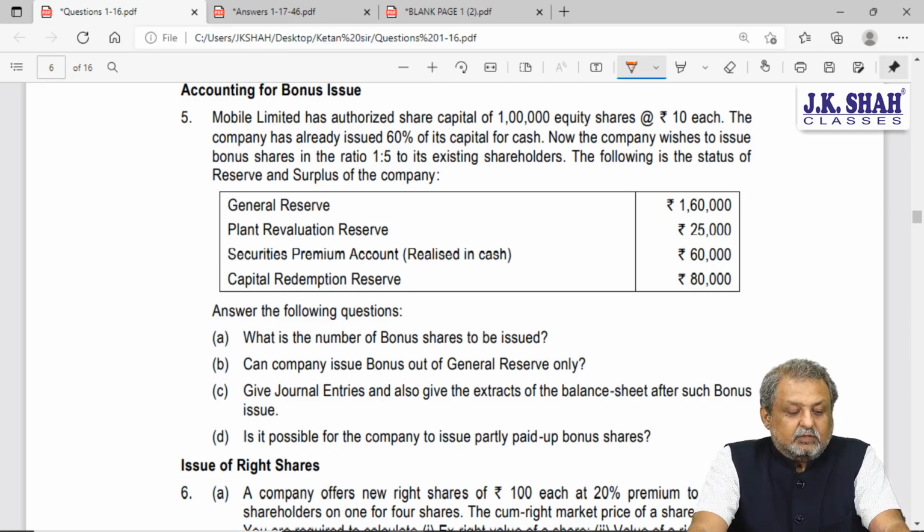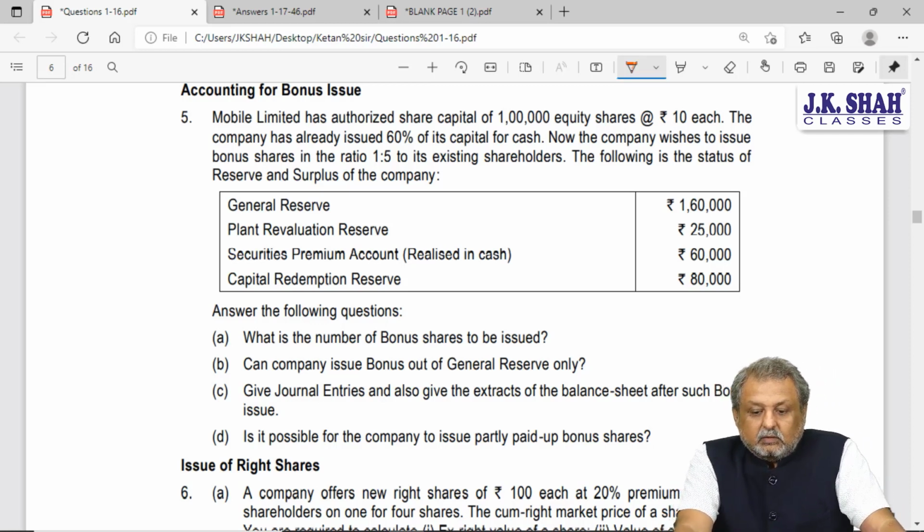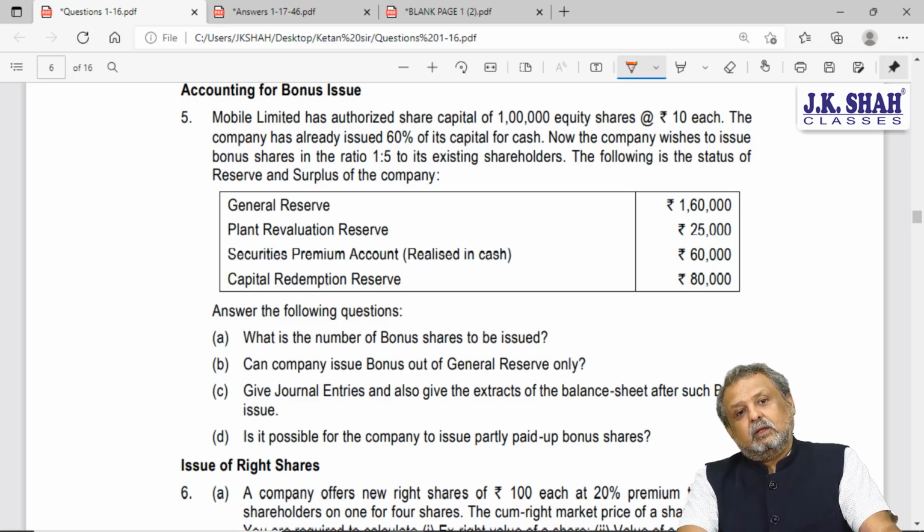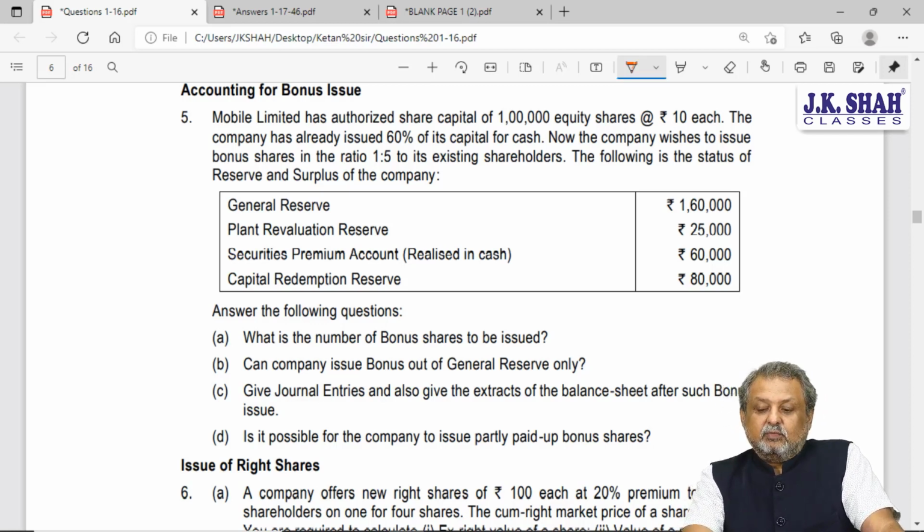The company has already issued 60% of its capital for cash. So out of 1 lakh, 60,000 shares are issued. Now the company wishes to issue bonus shares in the ratio of 1:5 to its existing shareholders. Following is the status of reserves and surplus of the company. General reserve is given to you as 1,60,000.